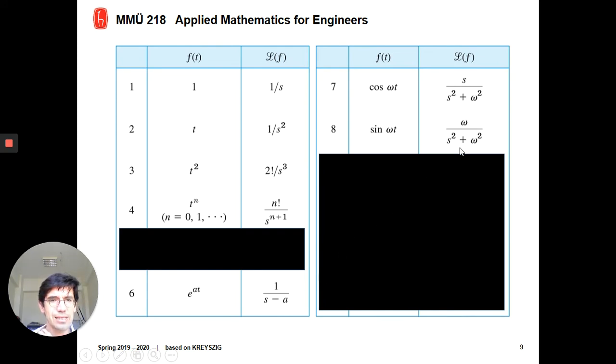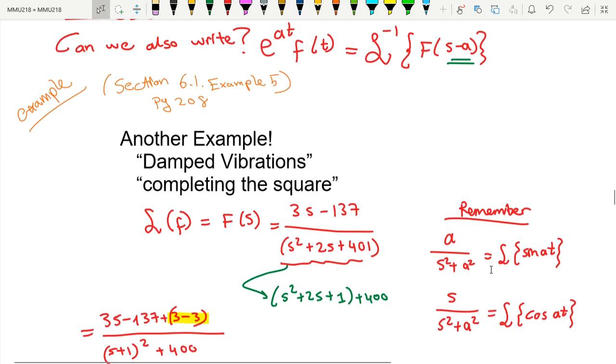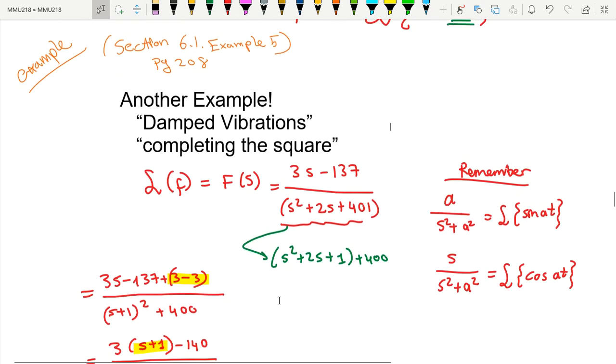And s plus 1 or minus 1 just give me a sense that there might be an s shifting here. So let's see if this is going to give me something. And remember, I have Laplace of sine at appearing as a over s squared plus a squared, and cosine at Laplace is going to be s over s squared plus a squared.